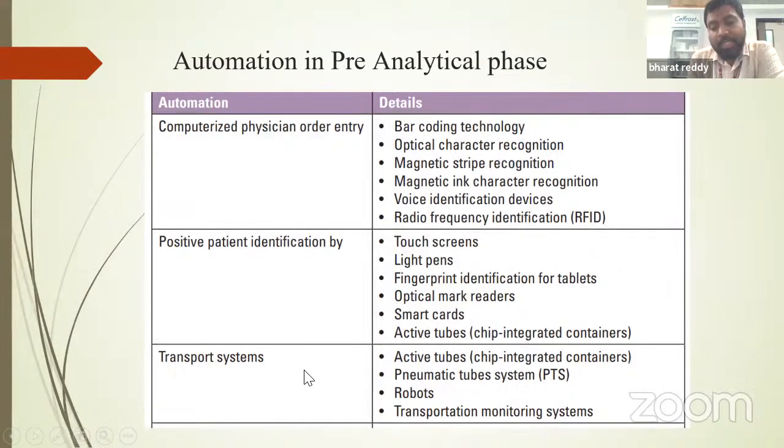Here active tubes, that is chip integrated containers, and pneumatic tube systems. These pneumatic tube systems are well established in private organizations. That's why the transport time is very less. And then the introduction of robots, transportation of monitoring system.